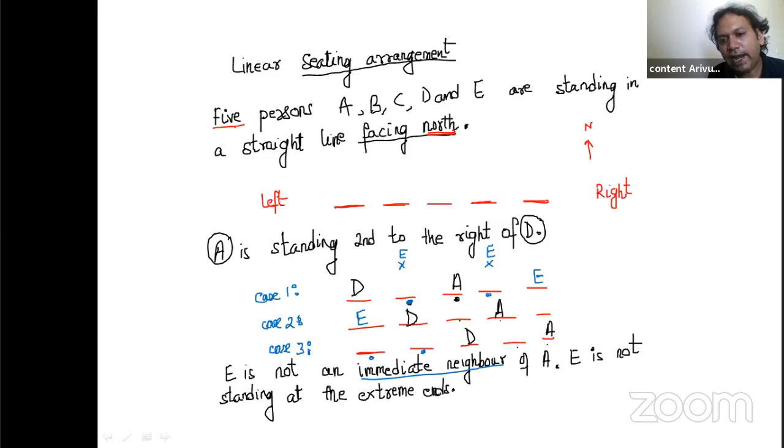The moment I add this statement, case 1 and case 2 become wrong. Why? Because in case 1, E is standing at the right end, and in case 2, E is standing at the left end. So the whole case becomes wrong now. Okay, so that's how we start a question.